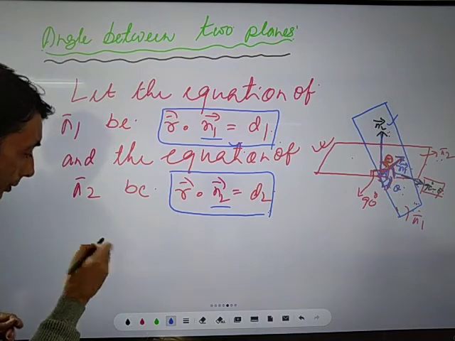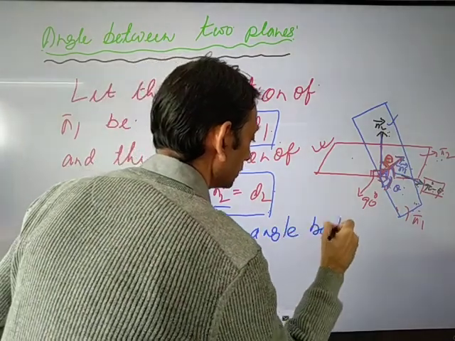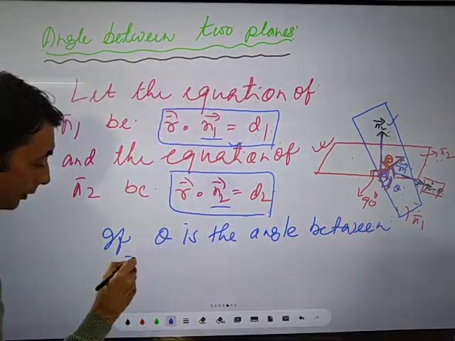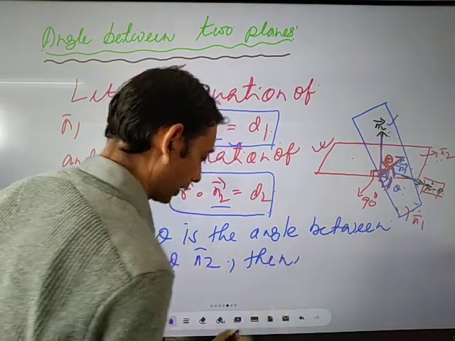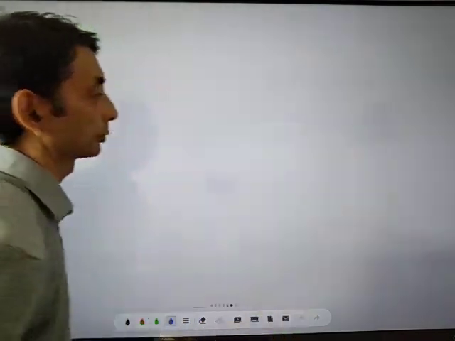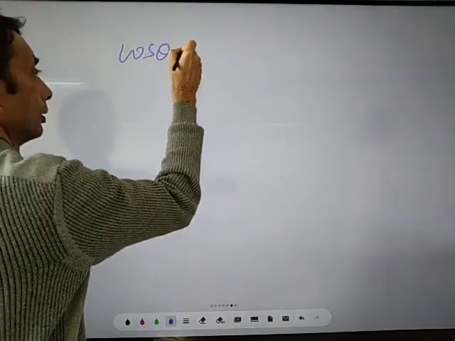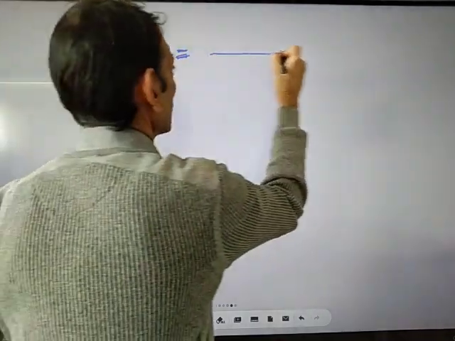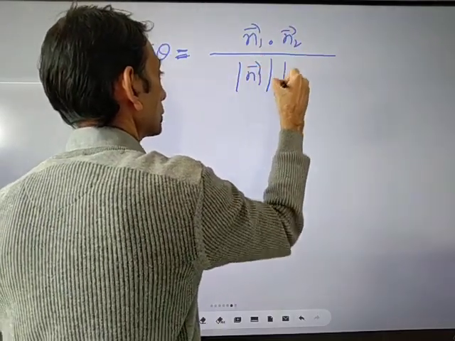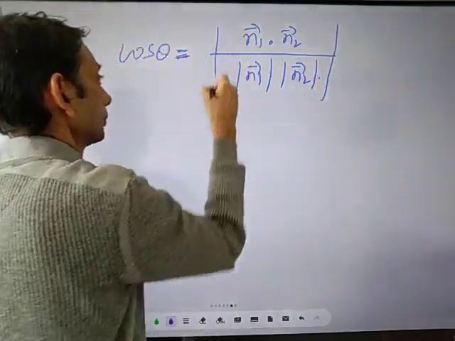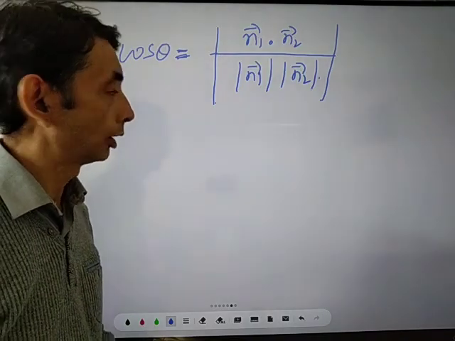So if theta is the angle between pi 1 and pi 2, then cos theta is n1 dot n2 divided by mod n1 mod n2.